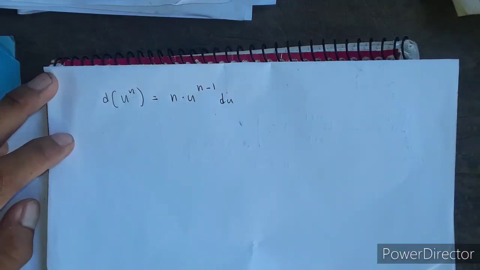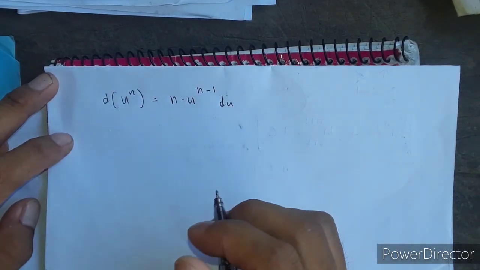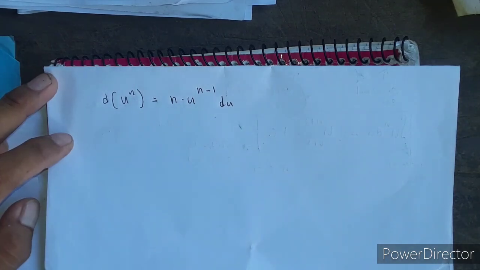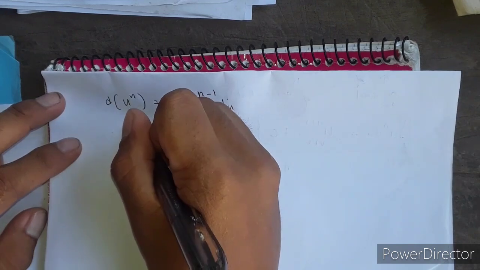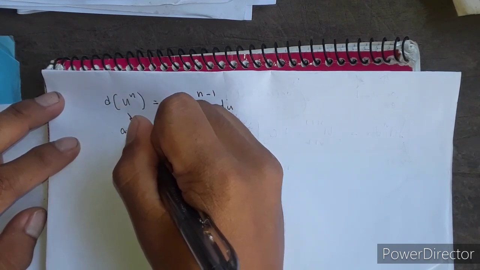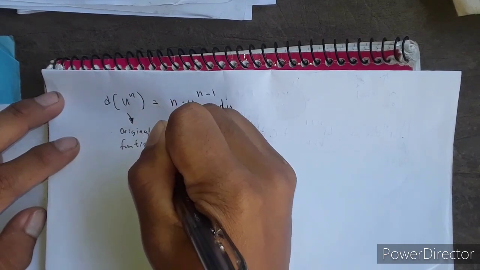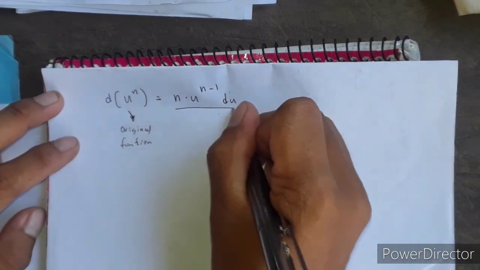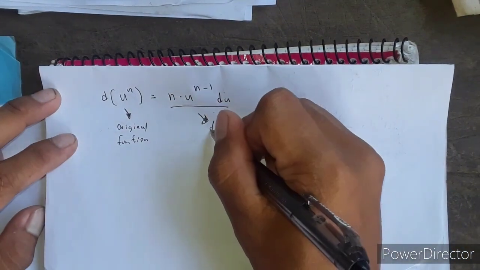And we put du to show that we are done differentiating. So as you can see in derivatives, what is given here is the original equation, or the original function, and the result is the differential function.